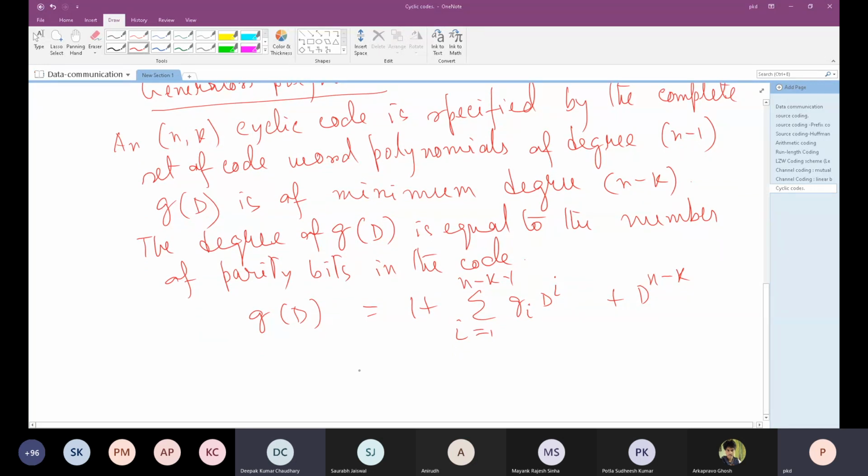Because we are having a binary polynomial here, gi is either 0 or 1.